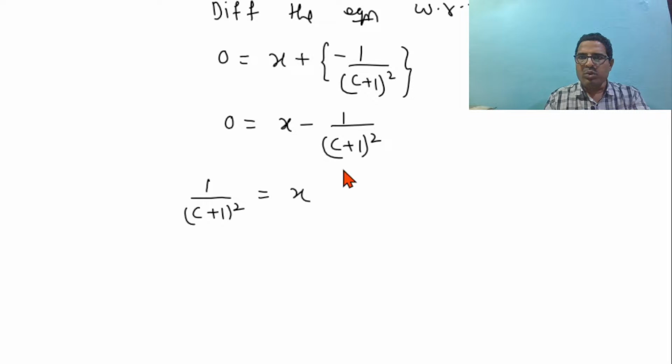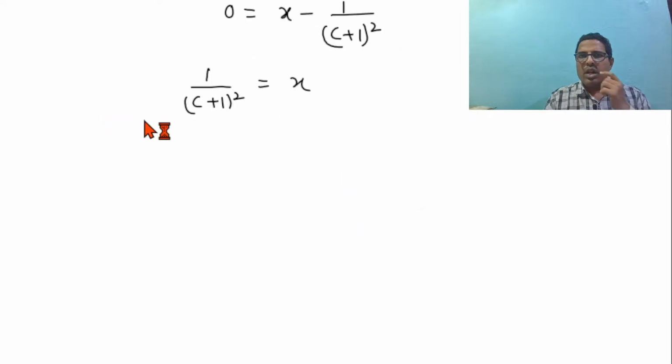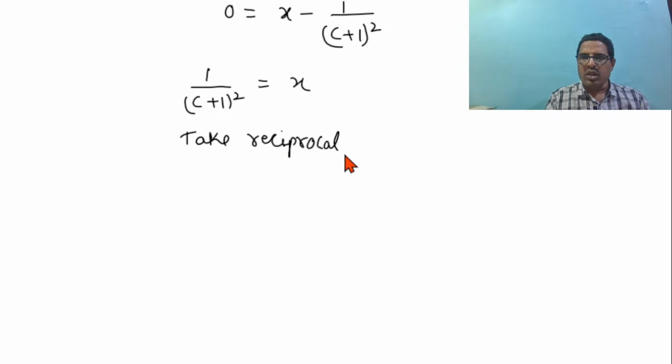Now, if you take the reciprocal on the left hand side as well as right hand side, c plus 1 whole square equals 1 by x.